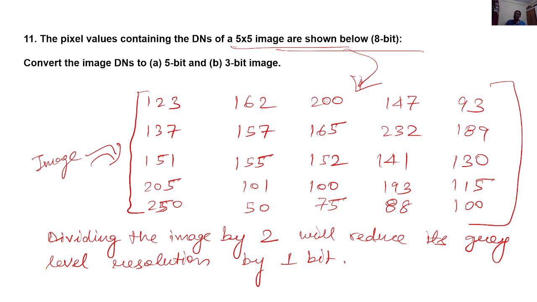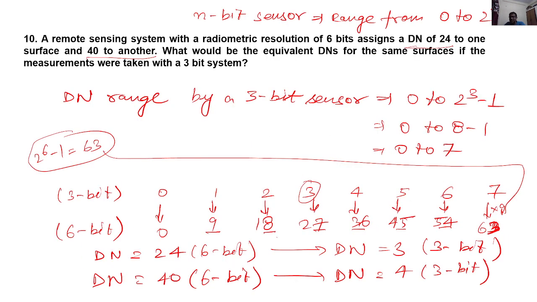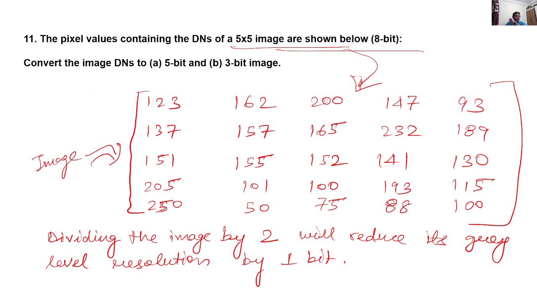Why by 2? Because this is a 2 to power n kind of quantization. I expressed it here. So whenever you divide it by 2, the radiometric resolution will decrease by 1 bit.